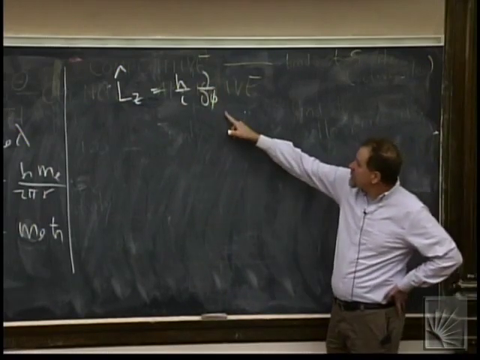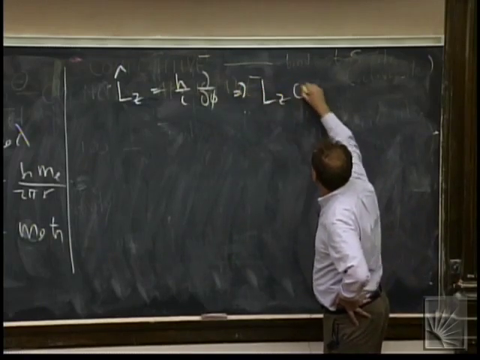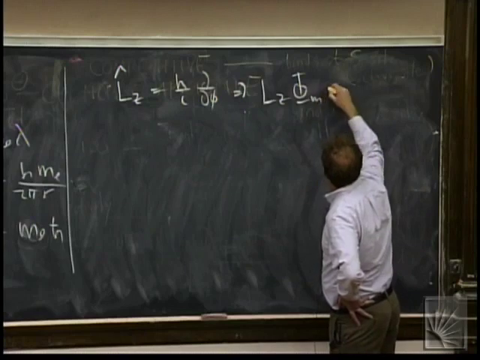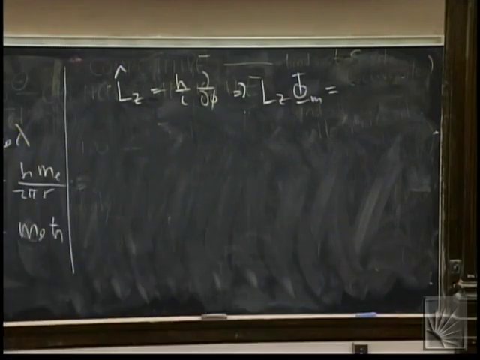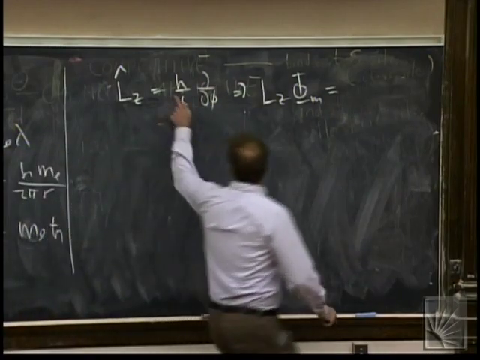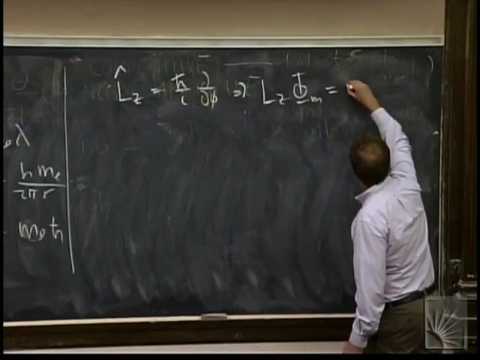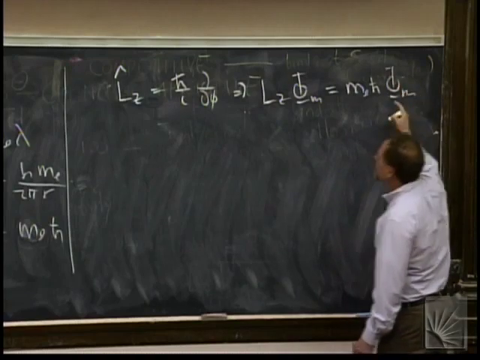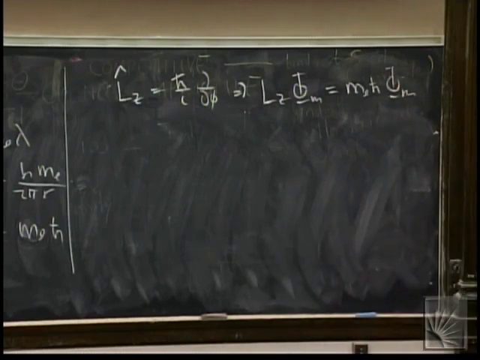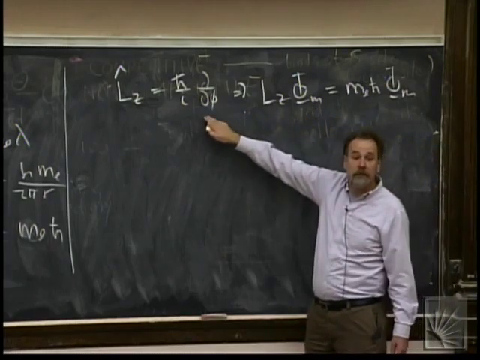If that's the case, just think about applying L_z times phi sub m. Let me just take the derivative of that, and clearly I just get h bar, that is m sub l, h bar phi sub m, right? You can see that. Straightforward. This would be to say this is an eigenstate of that function.